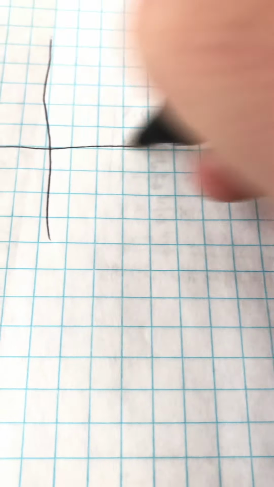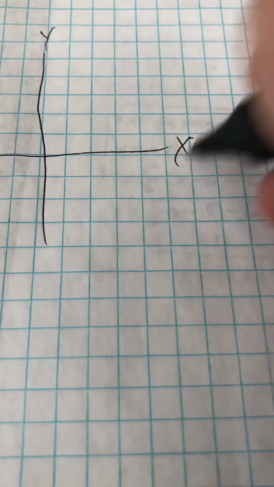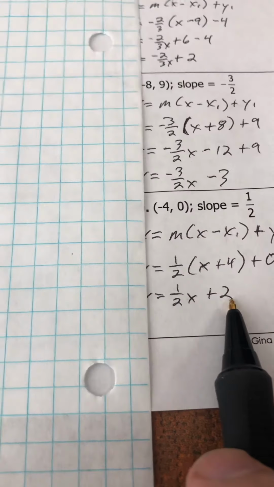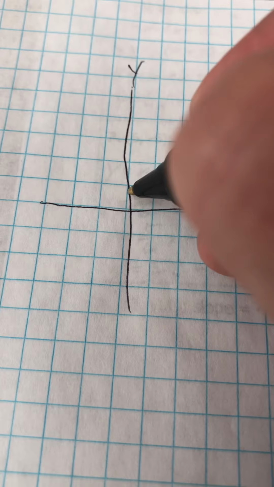Now, I keep saying I could graph that. I want you to see me graphing that. Let me grab a piece of graph paper real quick. So let's say I want to graph number 10. What does that mean? I can graph it. So here's my y, here's my x. That means I go to the y-intercept of plus 2, so plus 2 would be right here.